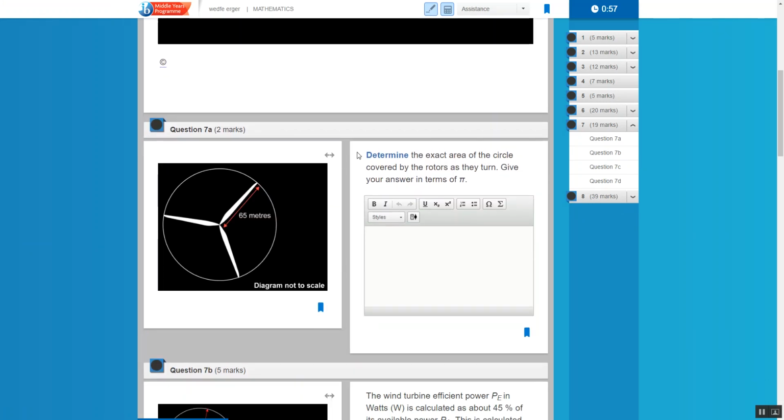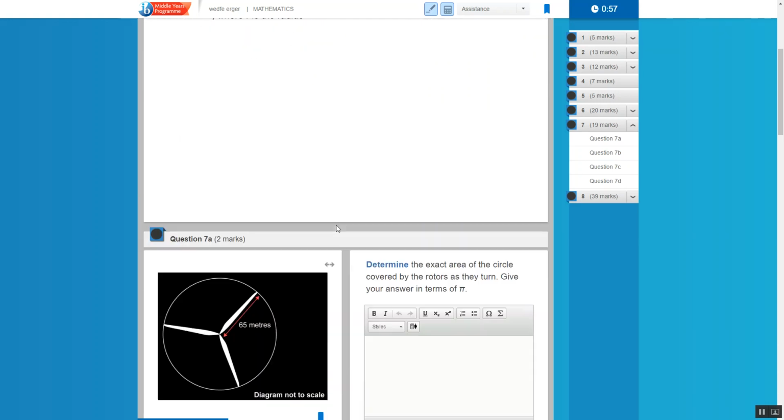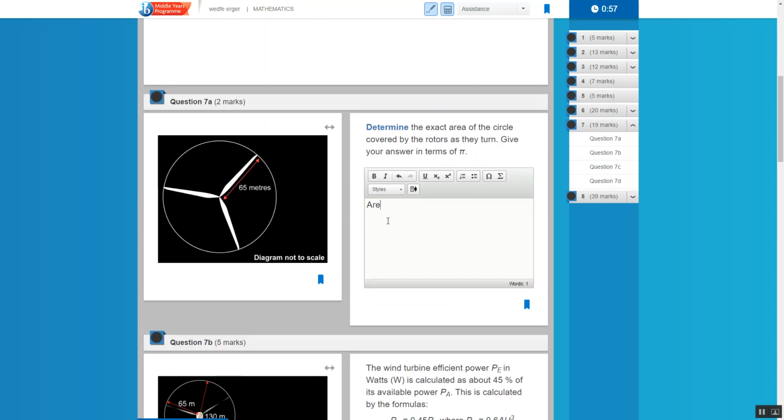Okay, we've got to determine the exact area of the circle. So we've got the formulas up here. Pi r squared. Area is equal to pi r squared, pi times, and the radius is 65 squared.